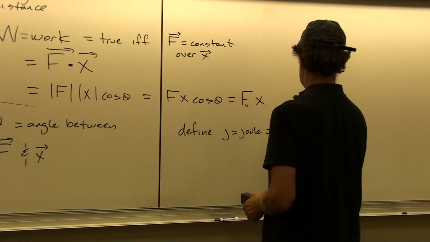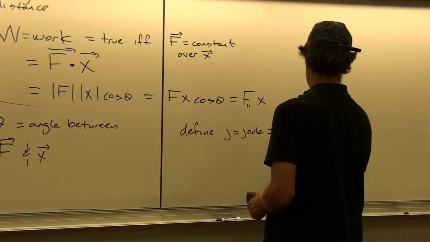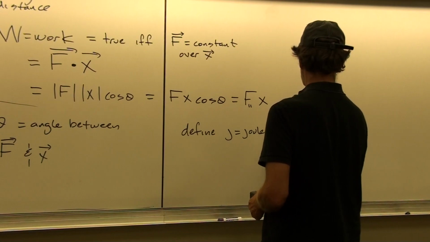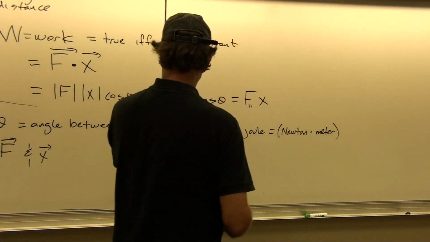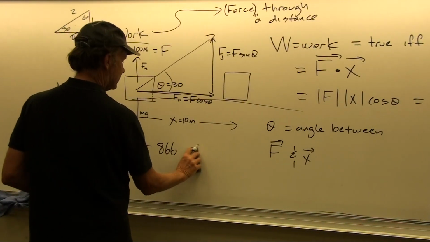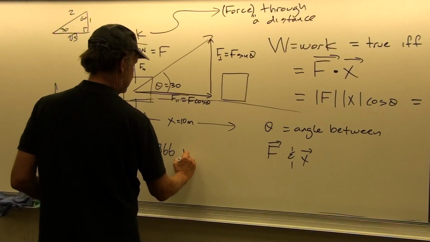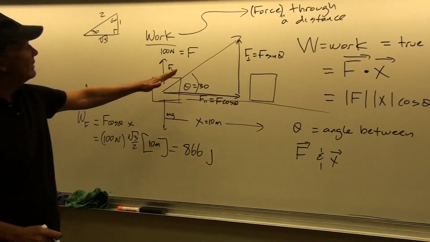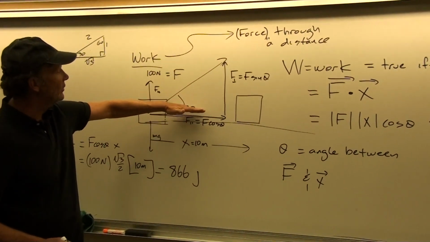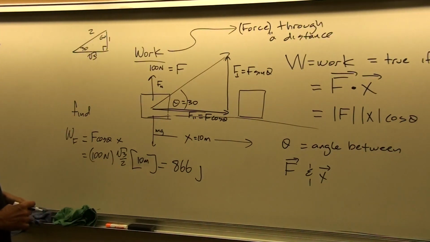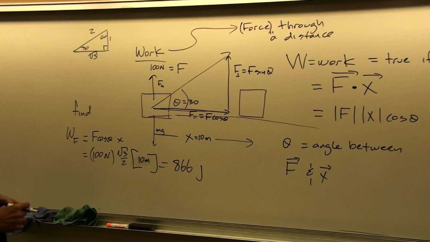And by definition, that's a Newton meter. And so we can write this then as 866 joules. And so that's how much work I've done in the process by my force, which is oriented at a 30-degree angle in order to pull this mass across the surface.